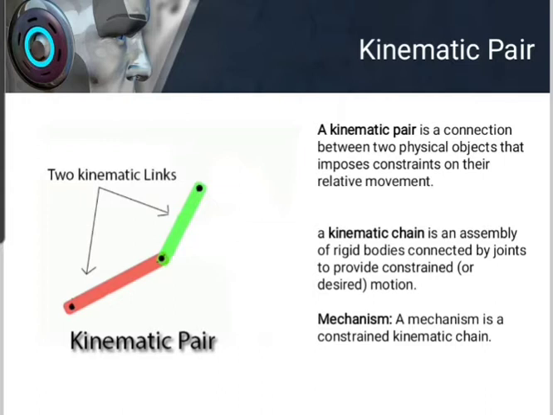Kinematic chain is an assembly of rigid bodies which is connected by joints to provide a constraint or a desired motion. So mechanism is constraint kinematic chain.